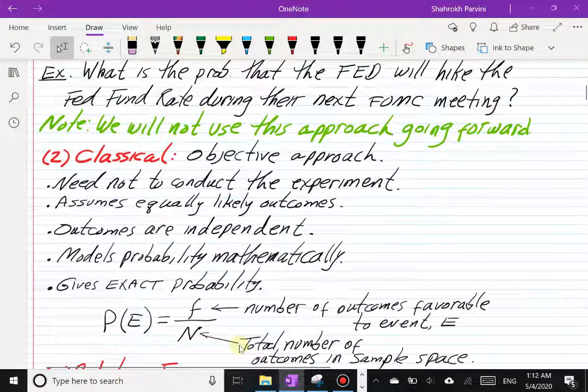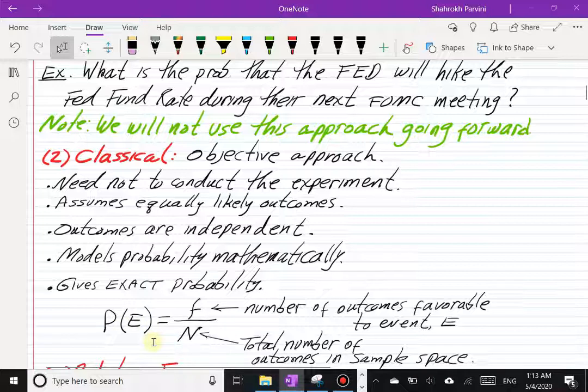Simple. Probability of any event E is equal to little f over cap N, where little f, the numerator of this fraction, is the number of outcomes that are favorable to event E, whatever that event might be. And the number in the denominator is the total number of outcomes in the sample space. So that ratio gives me the probability of an event.